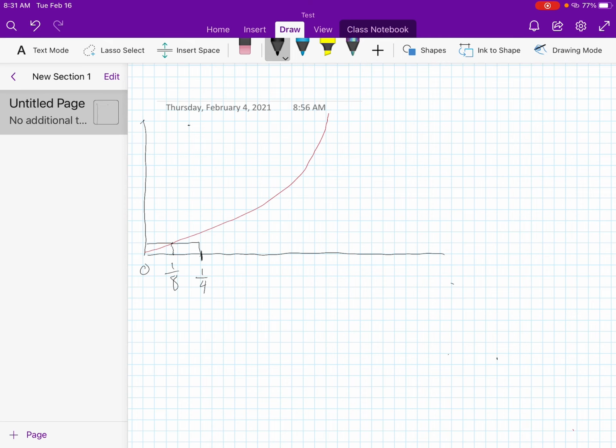So this point on the curve, and remember, this curve is v of t equals t squared. So this halfway point on the curve has t-coordinate 1/8, and then I sub that 1/8 in, and I get (1/8) squared. So my area under the curve, here it comes. First rectangle, width 1/4.